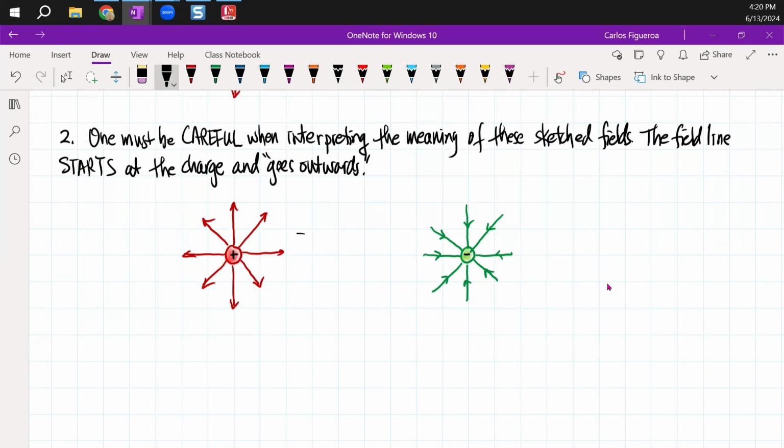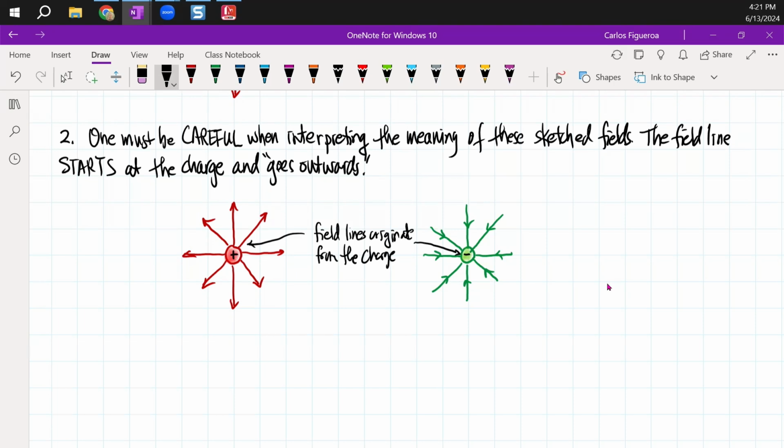So this is where the field lines originate from the charge. The same thing happens with the negative field line. It's not coming from infinity, it's starting at the negative charge and it's going out.